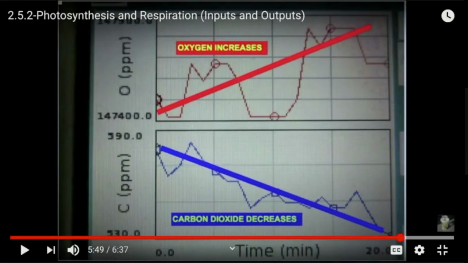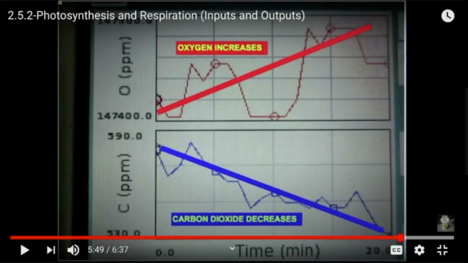All right, and then of course we come to this data. If this is the data that I have, Shreya, how can I say that my plant is getting light? What do I have to prove to say that my plants are getting a lot of light or not getting a lot of light? I guess when the oxygen level increases, as you can see in the graph on top, you can say that the oxygen level only increases when the carbon dioxide level decreases, and the oxygen level only increases when the rate of photosynthesis is higher than the rate of respiration.